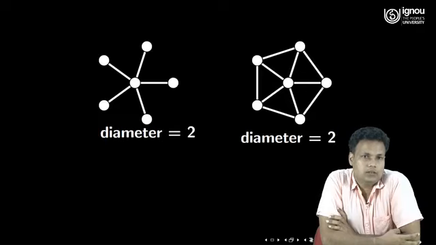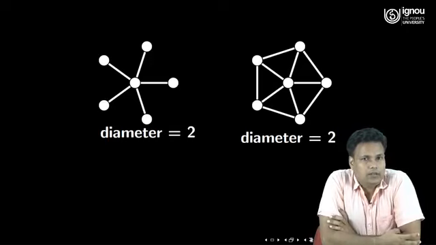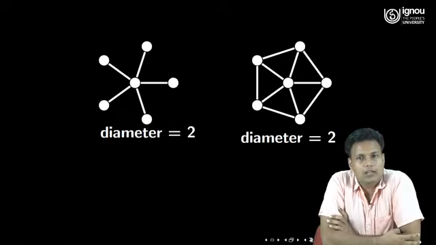That means the central vertex is common. So this graph has diameter 2. Similarly, the graph on the right also has diameter 2.